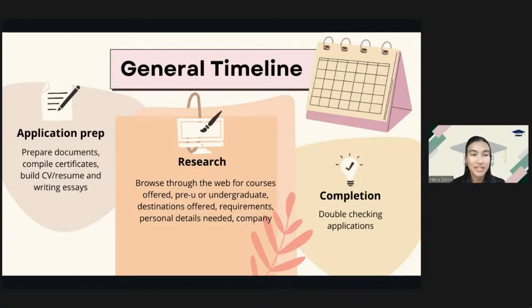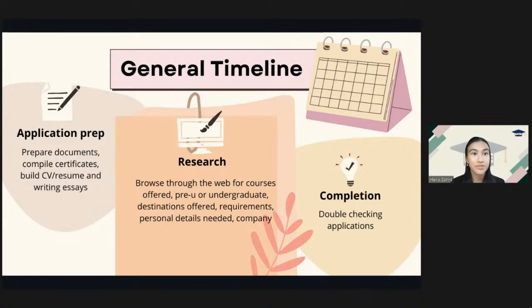Now, I know you guys just finished SPM and you still may be undecided as to what course you would like to pursue in the future. But what's most important here is that you make an informed decision when you decide what course you would like to pursue. So even though you may not be entirely sure what that course may be, at least you feel settled knowing that you've done enough research to make that informed decision.